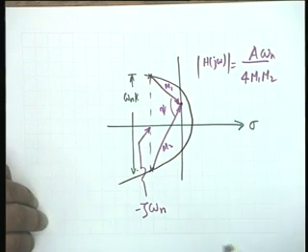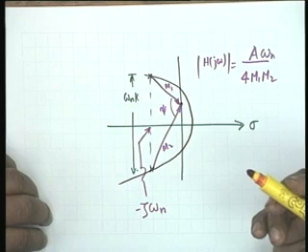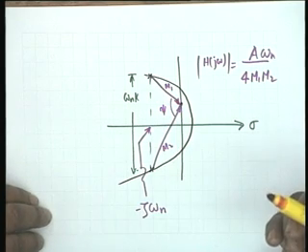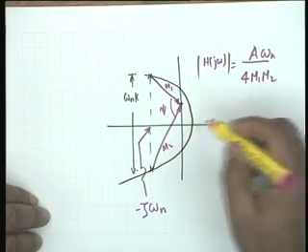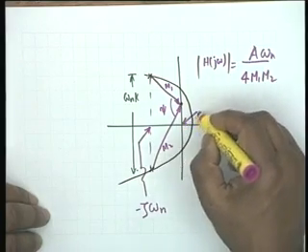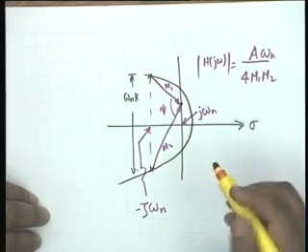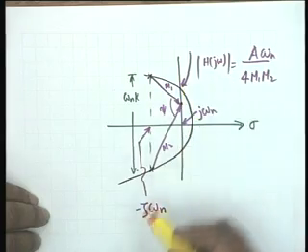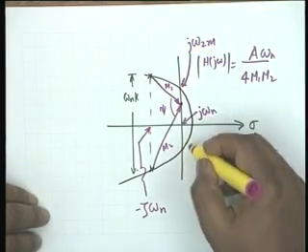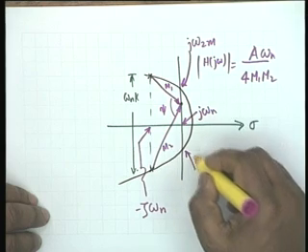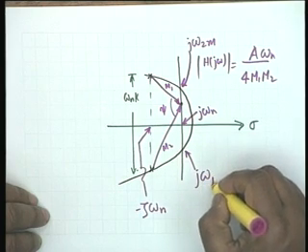Now, in a similar manner as we did in the single tuned circuit, the horizontal axis will be j omega n, the center point. We will call this intersection j omega 2 max and this intersection j omega 1 max.